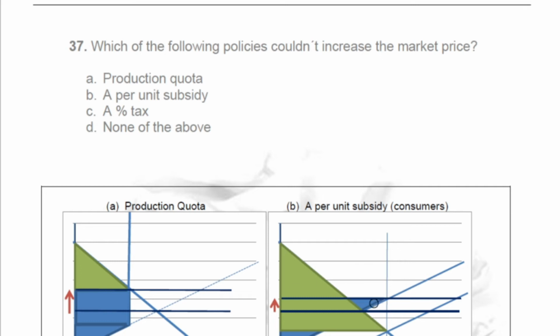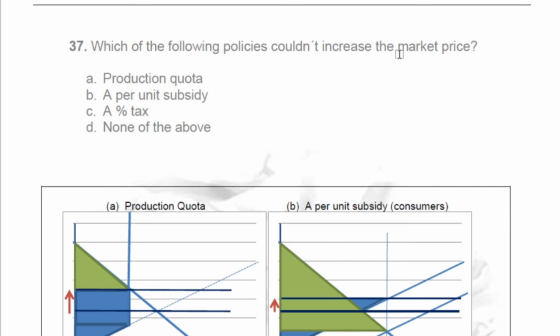The per unit subsidy, for example, here on producers, will make consumers pay less, but the producers earn more. Yeah, maybe so the shops, the price is higher than before. Yeah, maybe consumers receive then the government subsidy, and the commodity becomes cheaper. Yeah, for them, but in shops the price has risen.